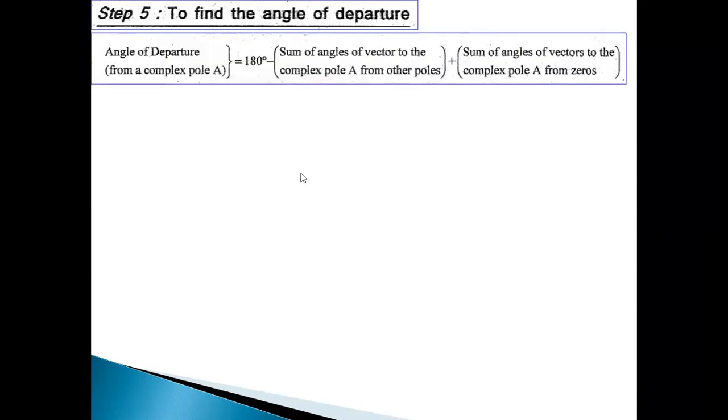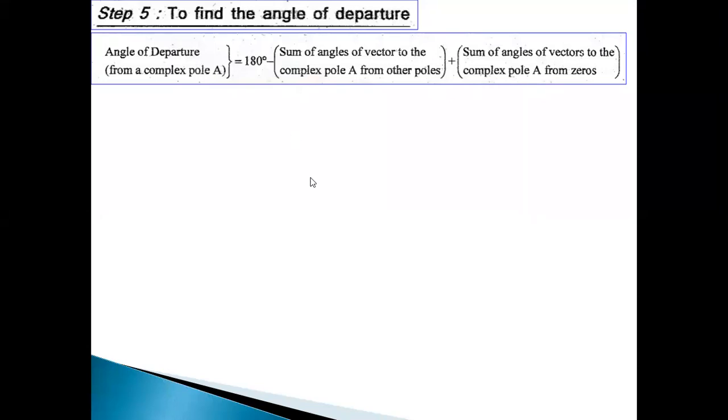For that, the formula is: angle of departure from a complex pole is equal to 180 minus the sum of angles of vectors to the complex pole A from other poles, plus the sum of angles of vectors to the complex pole A from zeros.